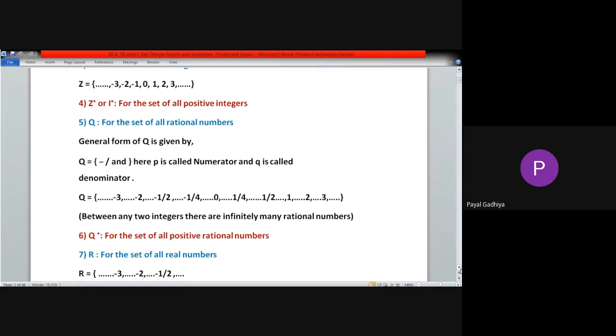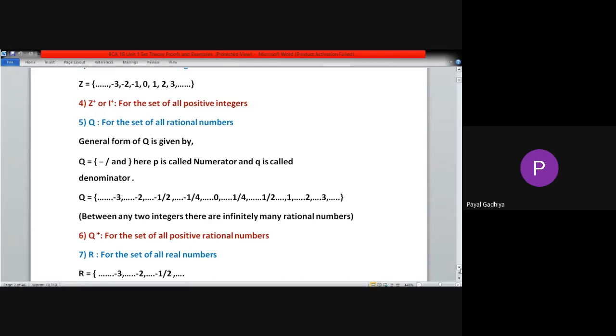So this will not be contained in Q, because Q has numbers of type 1.5, 1.3, 1.25, 3.05, 7.00357, which end somewhere.